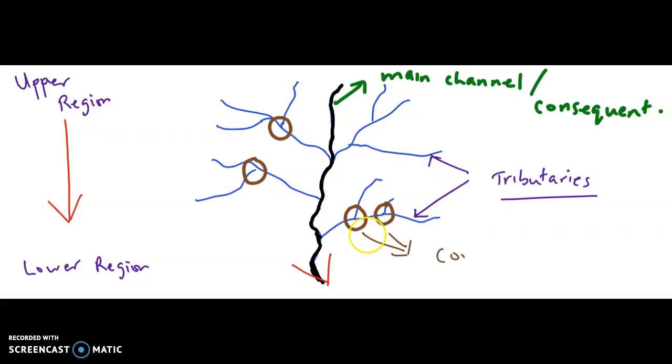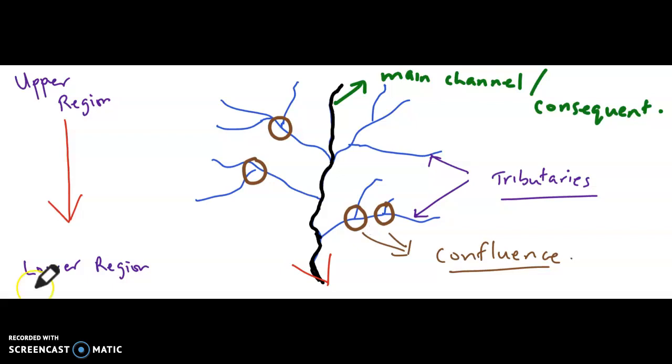They are known as a confluence, because they have two different streams moving towards each other. They will unify at this particular junction here. These junctions that I'm circling in brown are nice examples. So a confluence is that junction where two or more streams merge into a unified flow.